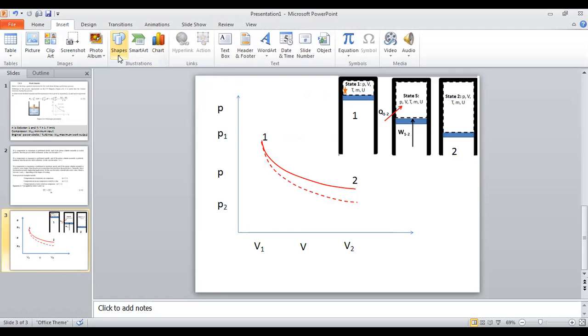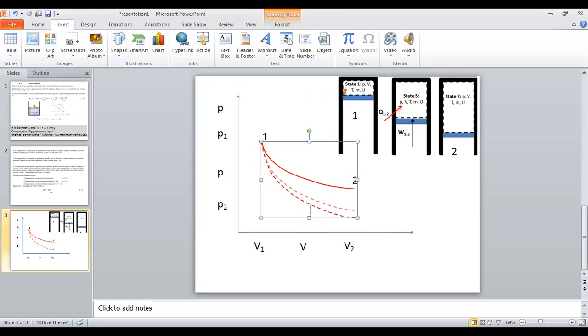And if I draw one more line, how shall we try to change this? See, one more line here.